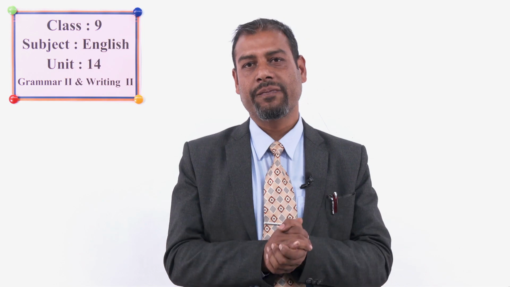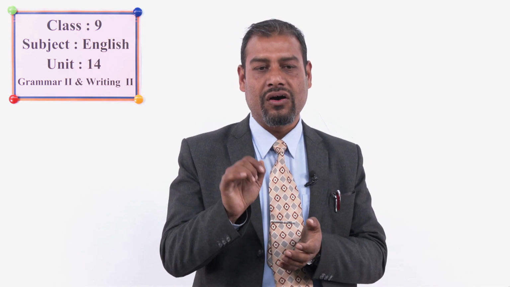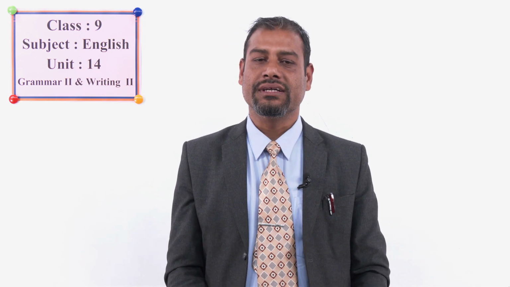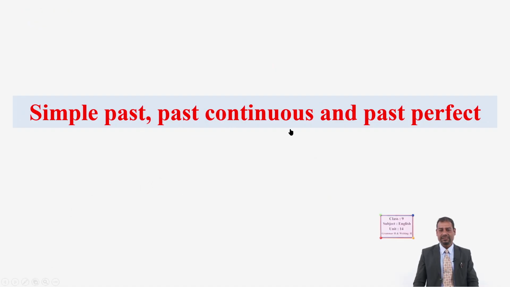And the first thing we are going to learn under grammar 2 is simple past, past continuous and past perfect tense, okay? So, there are three types of tense: present tense, past tense and future tense. And again, if you categorize them, we have four aspects in each tense.